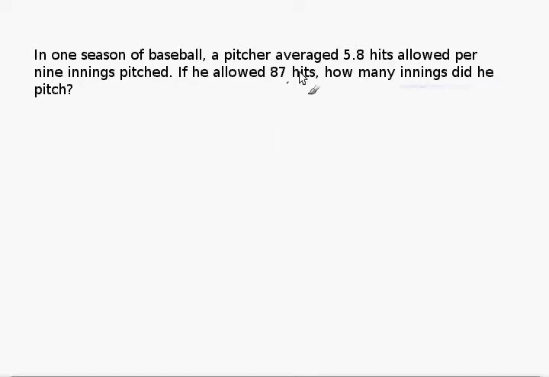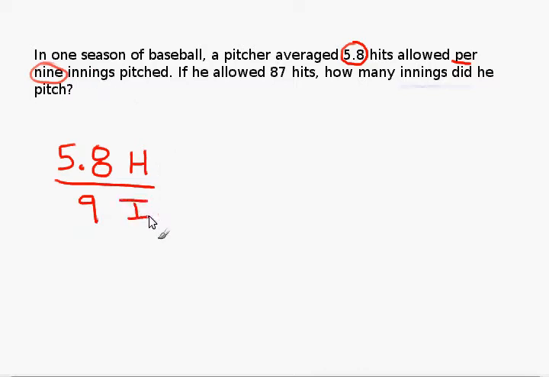First, we have 5.8. Let's see what that is. It's hits per 9 innings pitched. 5.8 hits per 9 innings.